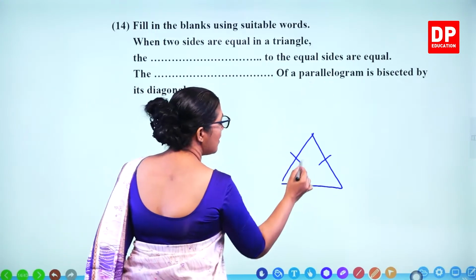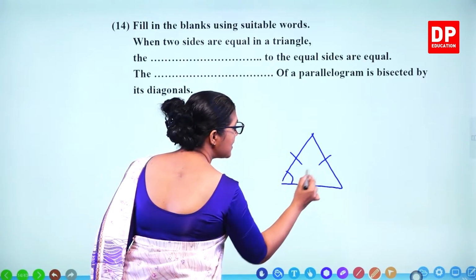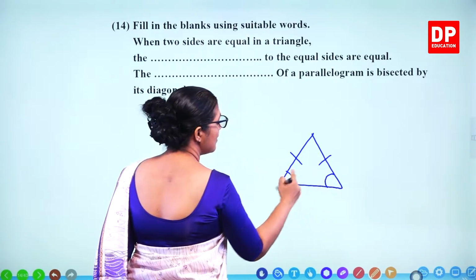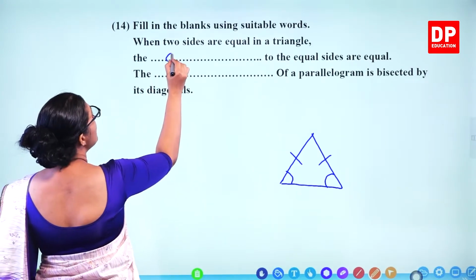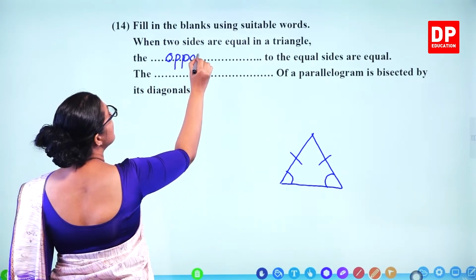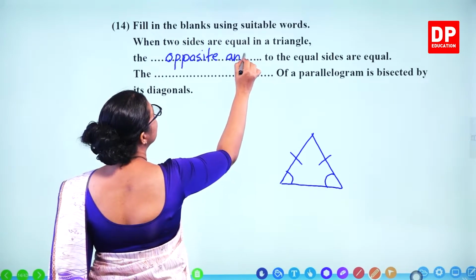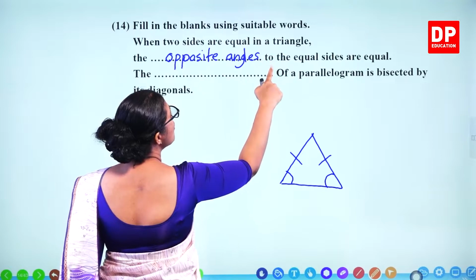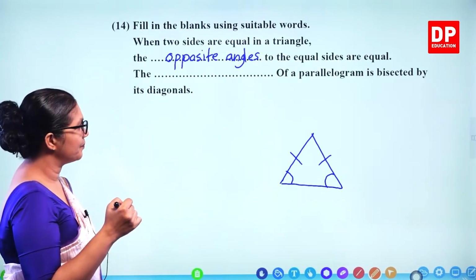So if these two lengths are equal, isosceles triangle, opposite angles also equal. So we have to write the opposite angles to the equal sides are equal.